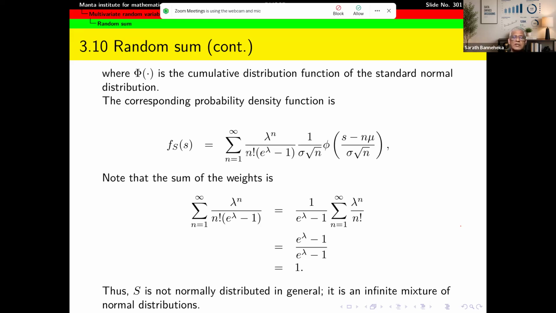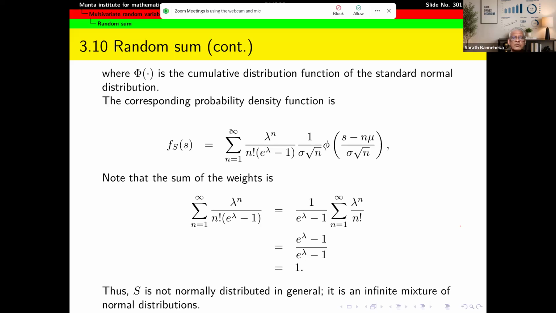If you add only these terms from 1 to infinity, you know that has to be equal to 1. And I have shown that it is going to be 1 also mathematically, but even without doing this calculation, you should understand this is the mass function of the truncated Poisson. Therefore, the sum of those terms from n equals 1 to infinity should be equal to 1. So these terms can be considered as weights where the weights are adding to 1, right?